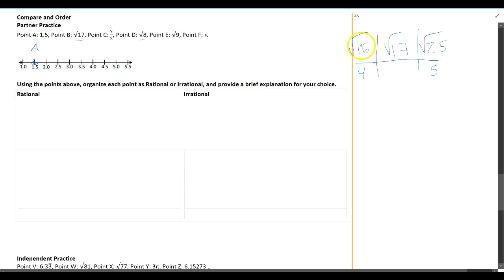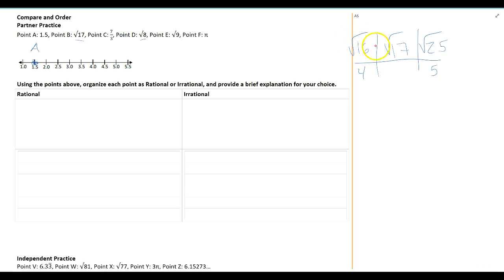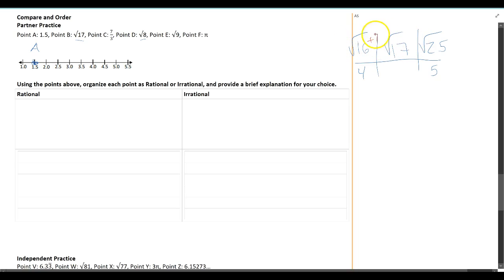It seems to be much closer to 16, because that's only off by 1, and that is off by 8, significantly closer. So my guess would be somewhere around 4.1-ish. I could be wrong, 4.2, but when I plot point B, I'm going to say, well, 4 point, yeah, here. And that's point B. So please go through these. Make sure that you're using complete sentences in your explanation during your partner practice.